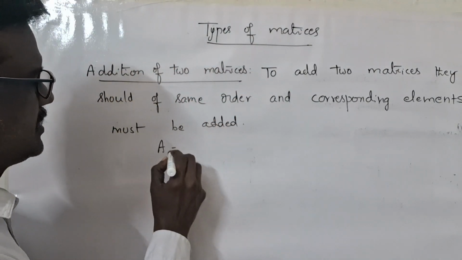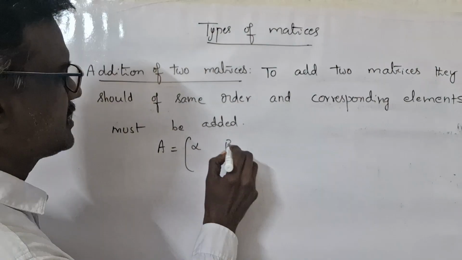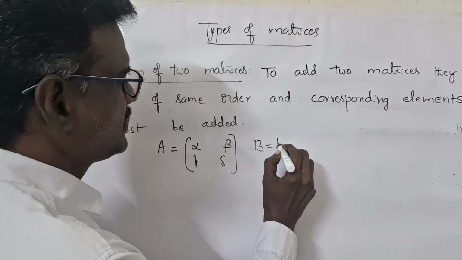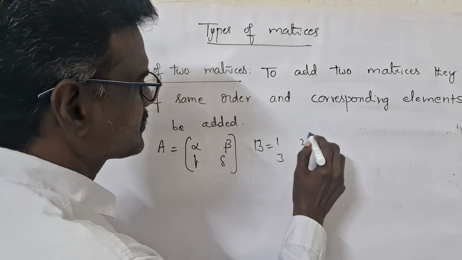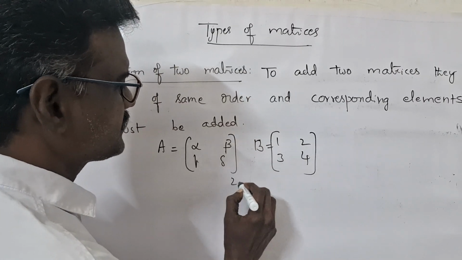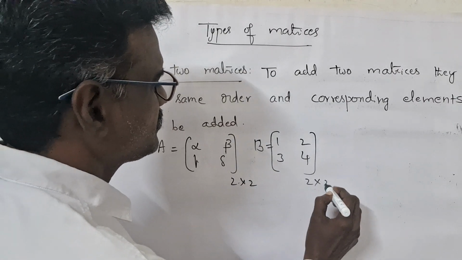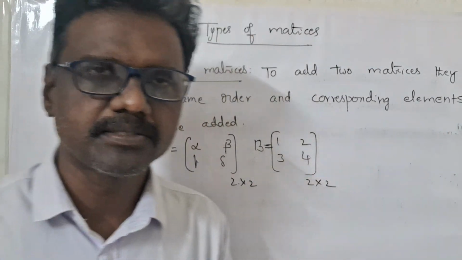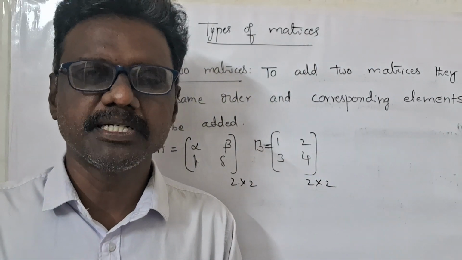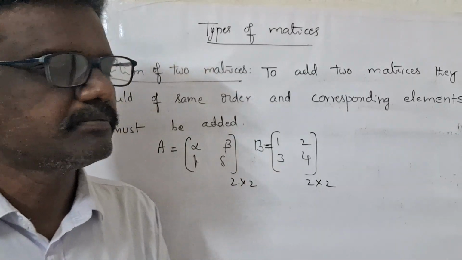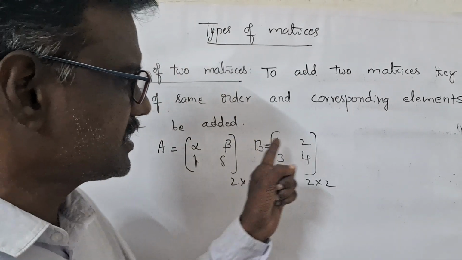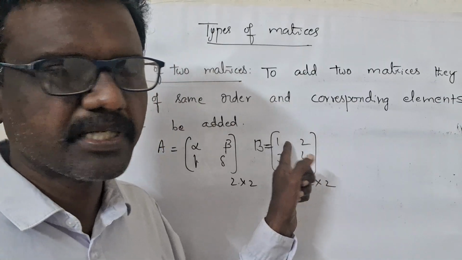Suppose A equals alpha, beta, gamma, delta, and B equals 1, 2, 3, 4. Matrices of the same order, 2 by 2 and 2 by 2. Similarly, you can take 3 by 3 A and 3 by 3 B. Whenever you add, the first row first element in the first matrix must be added to the first row first element.